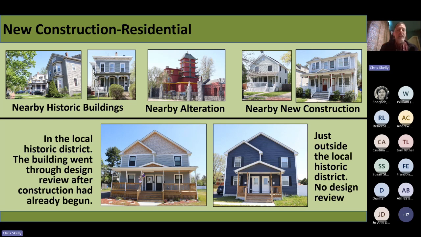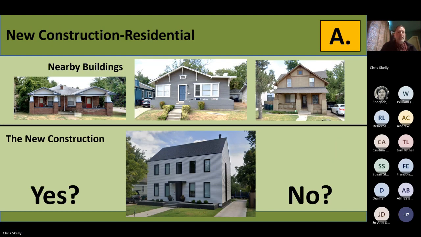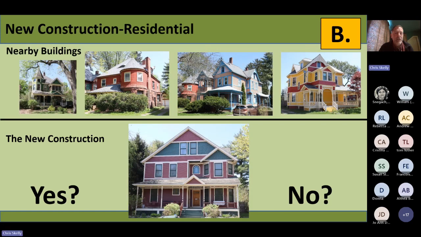The other ones are from a design review exercise where I asked everyone to comment through the chat about what they think about each one of these new construction buildings. Obviously, we're not going to have time to do this, but I'll go through A, B, C, and D here. New construction residential. What do you think about that one for new construction? What do you think about that one?